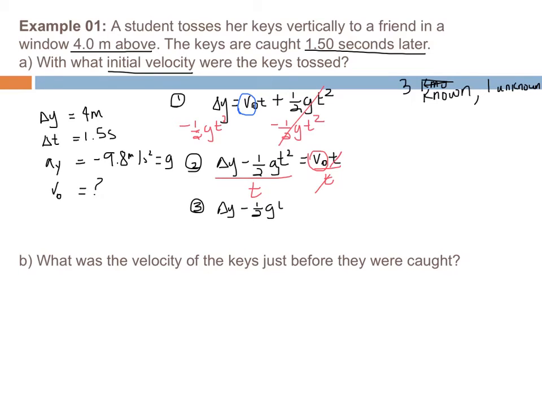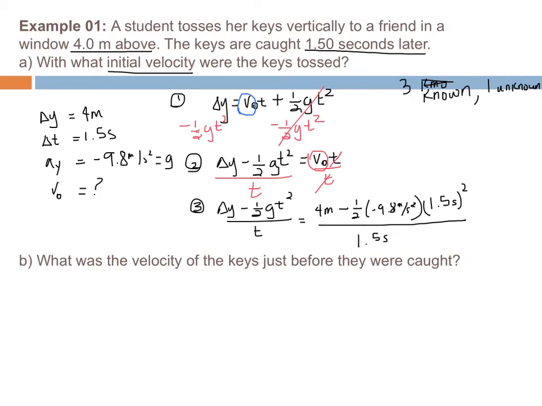So just clean it up a little. I have all these pieces. My displacement was 4 meters. I have 1/2 negative 9.8 meters per second squared. Remember to square the time here. All divided by time again. Okay? And always double check your units work out.